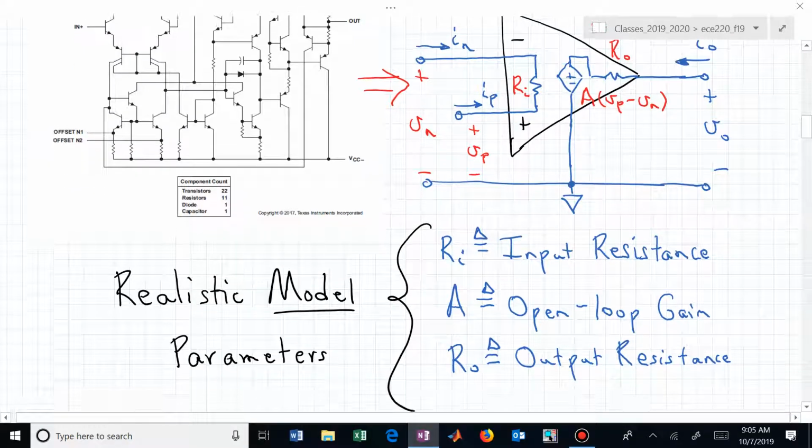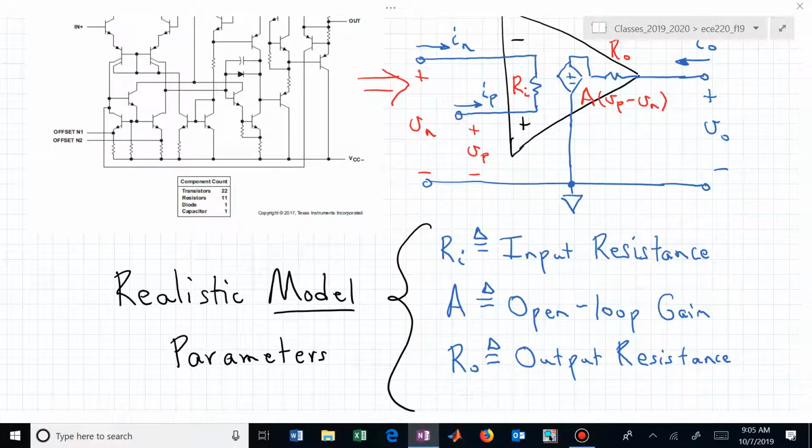These are the realistic model parameters. We have an input impedance, which is big, possibly in the megohms range. We have an open loop gain that's also large, 10,000 or bigger, usually 10 to the fifth.